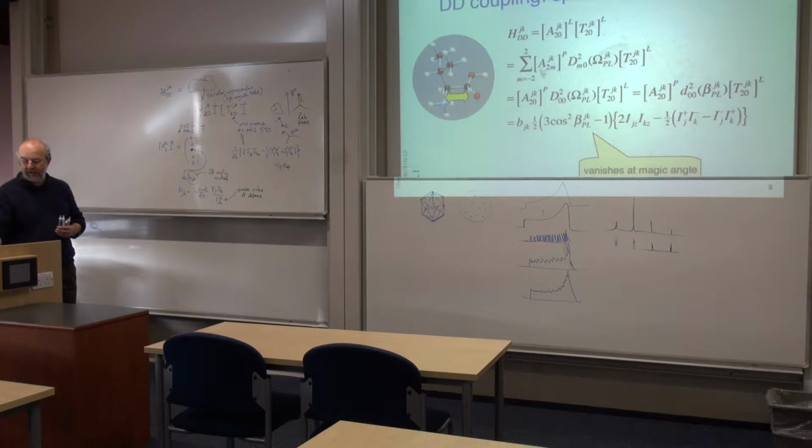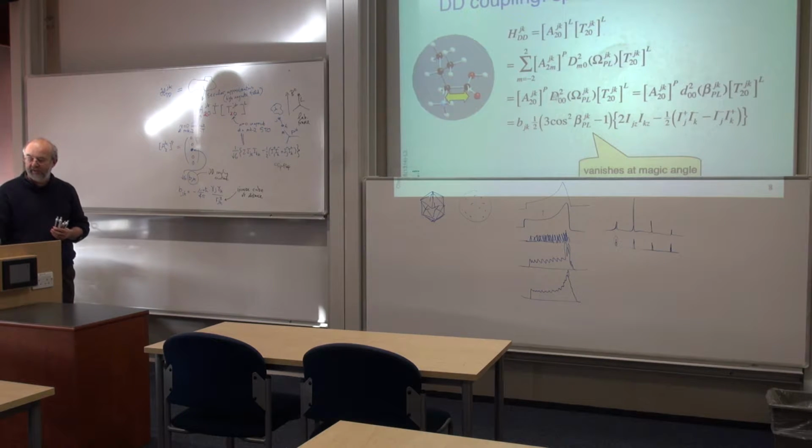So we can go from this equation to this equation, remove all the other components apart from m is 0, and then we get d2, 0, 0. That's the big Wigner matrix, the big D. But the 0, 0 component is the same as the small Wigner matrix, the small d, the reduced Wigner matrix, which only depends on the beta angle.